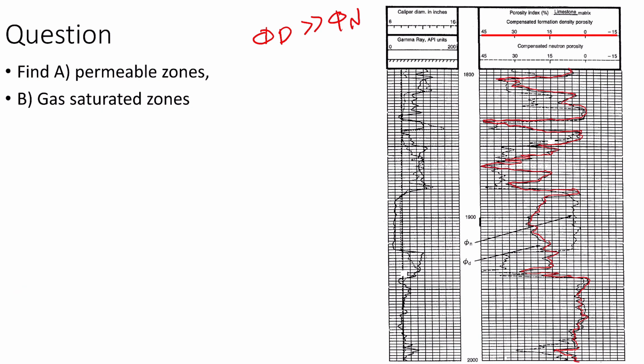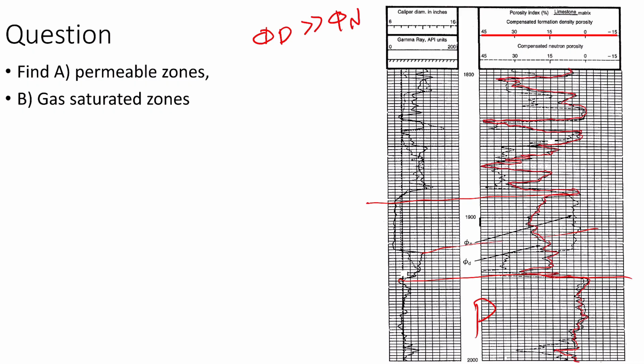Okay, guys, if you look at the data here, you see that this zone is a permeable zone. This zone also is permeable.